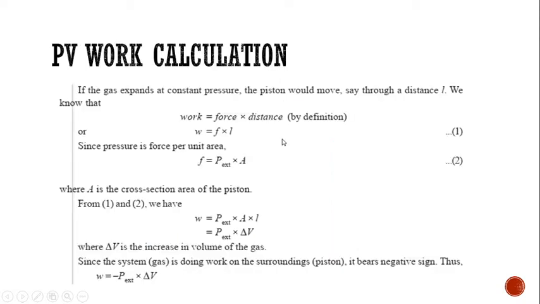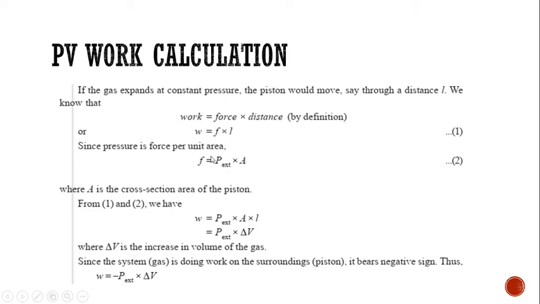So what happened, how we can calculate this pressure volume work by using this formula, as work equals to force multiplied by distance, as force is represented by small f and distance here is small l. As you know that the pressure is the force per unit area, from this expression we can derive force, that is external pressure multiplied by area.